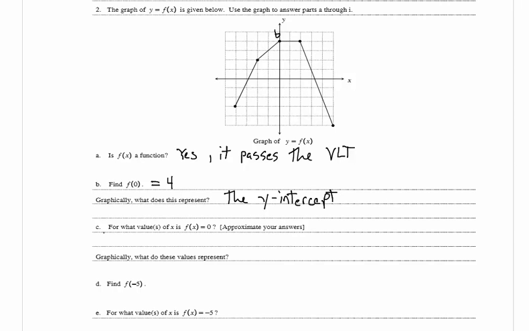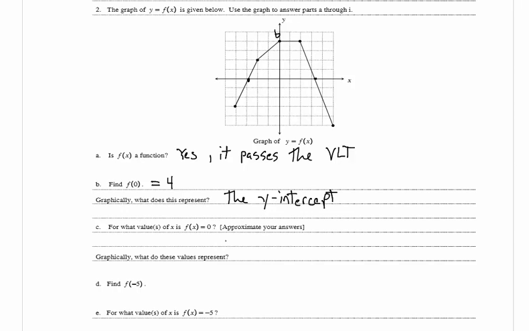For C, it asks, for what value or values of x is f of x equal to 0? And here, if f of x is equal to 0, that means our y value is 0, and we would be right on the x-axis. So we have a point here and a point here where we cross the x-axis, and they want us to approximate our answer.